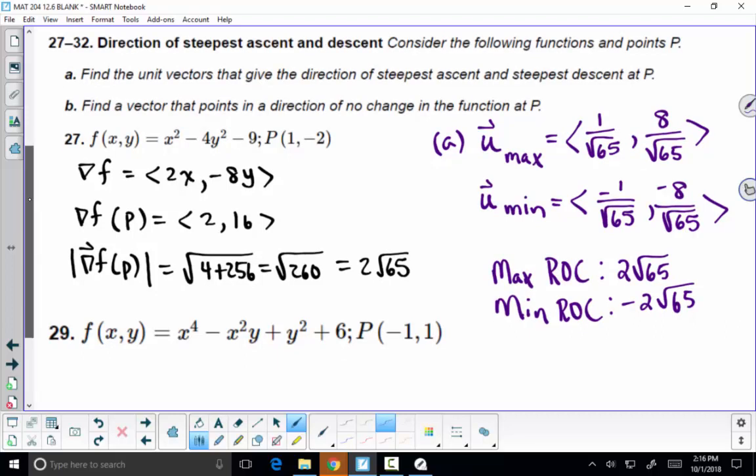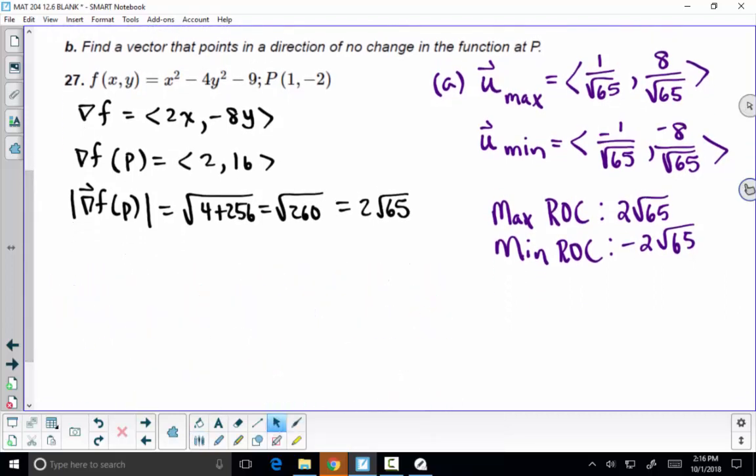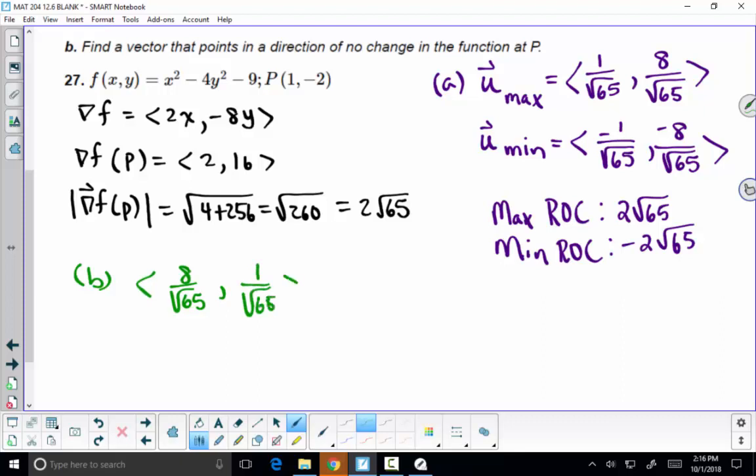All right, part B. Part B says find a vector that points in a direction of no change. It says find a vector orthogonal, so we want to find something orthogonal to that. So we switch the components and make one of them negative.